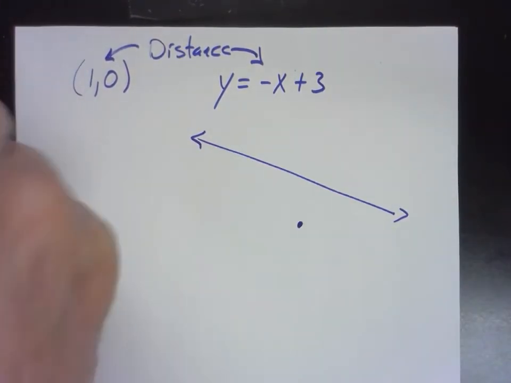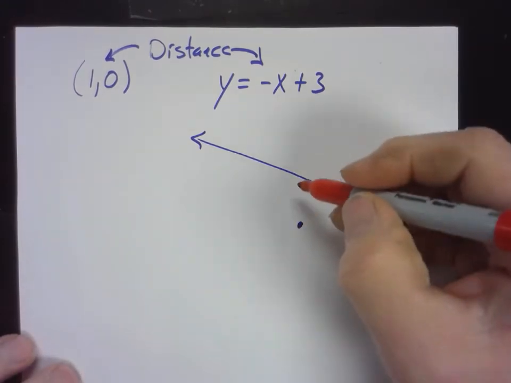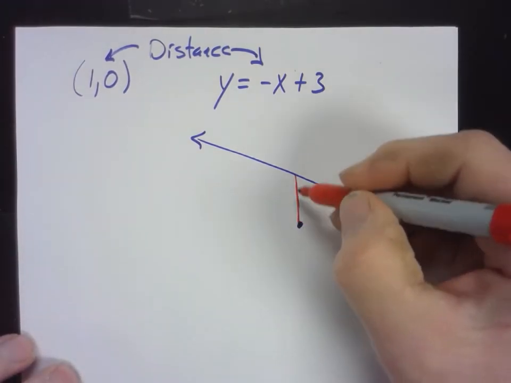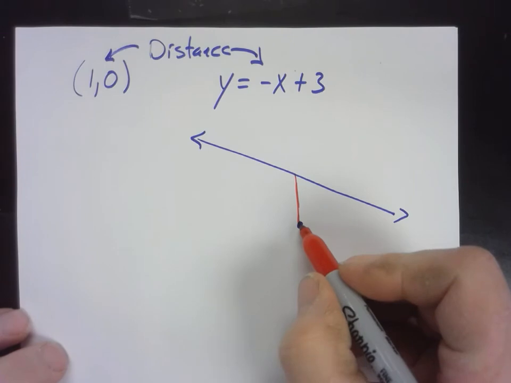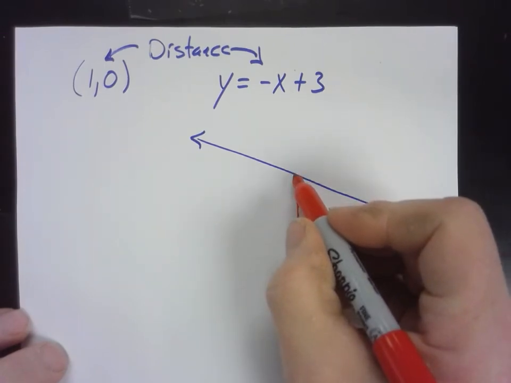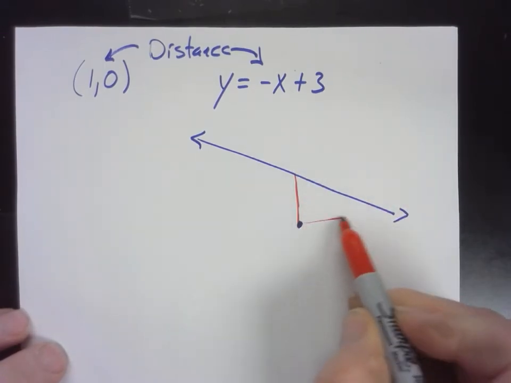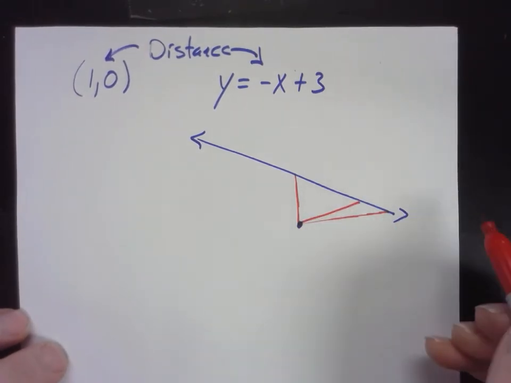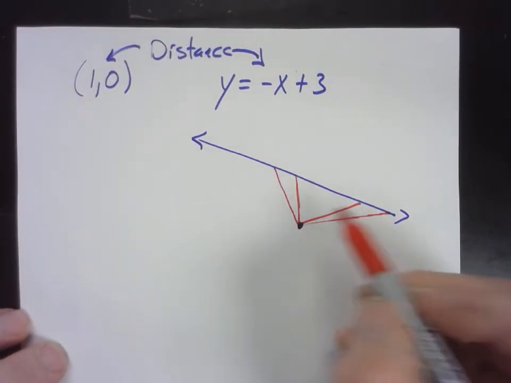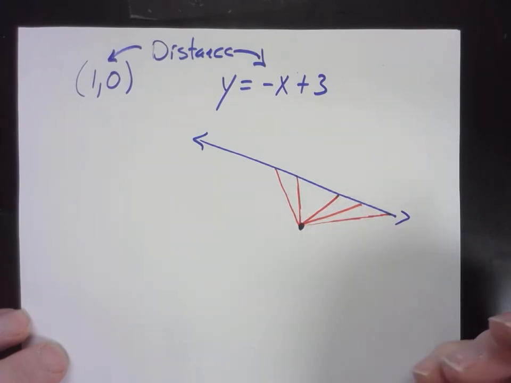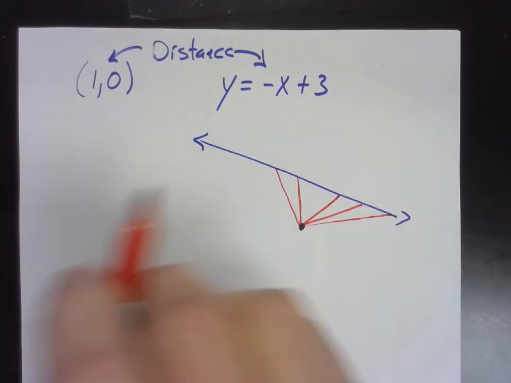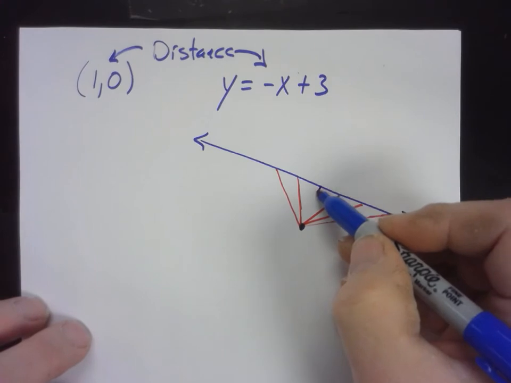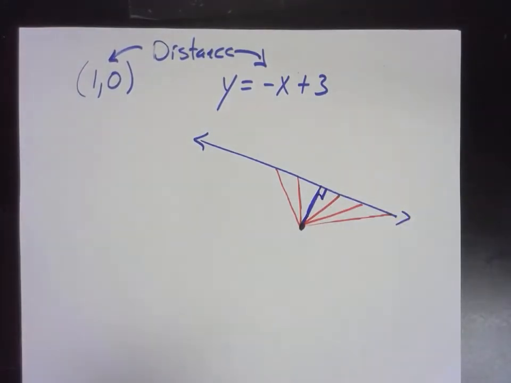So what do you guys think? Is this the distance from the point to the line? How about if we went straight over like that? Would that be a distance? How about this one? How about this one? Where is it? So it has to be right there, doesn't it?